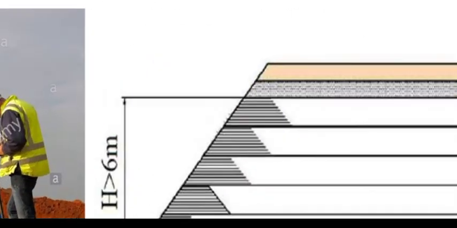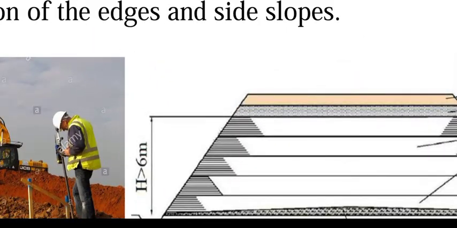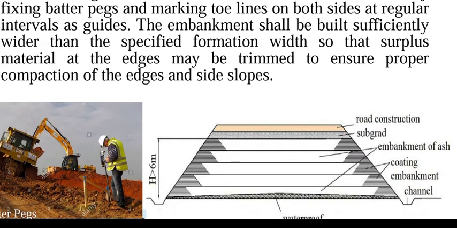If the height increases, then whether finite or infinite slopes, a suitable slope needs to be provided, because in adverse climatic conditions it should not fail, and proper drainage should be provided.